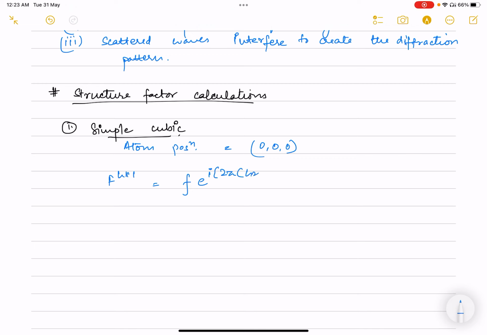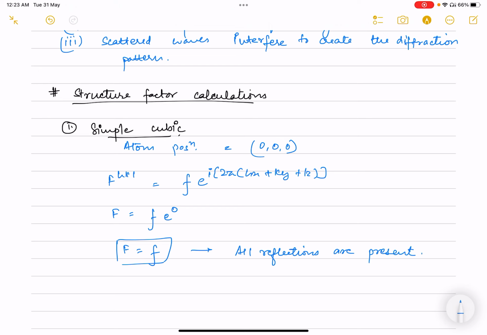So F is given by f e to the power 0, as all are 0. So we see no matter what HKL is, all reflections are present. Reflections are present for all combinations of HKL values.